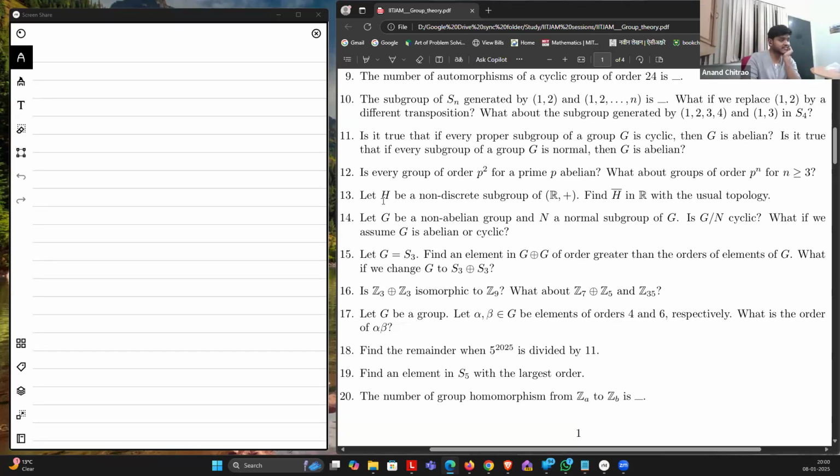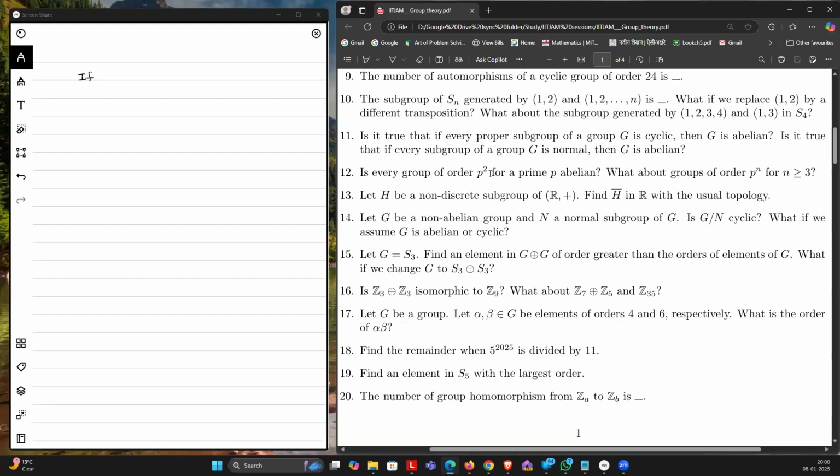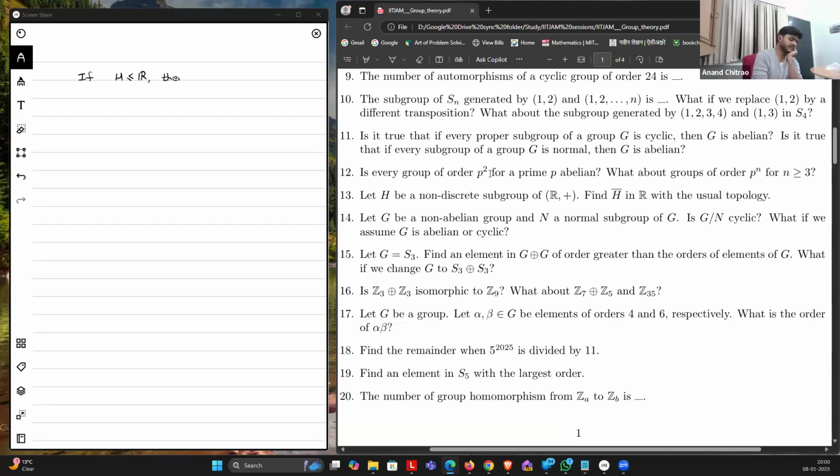So the point is, if H is a subgroup of R comma plus, then there are two possibilities: H is cyclic or dense.